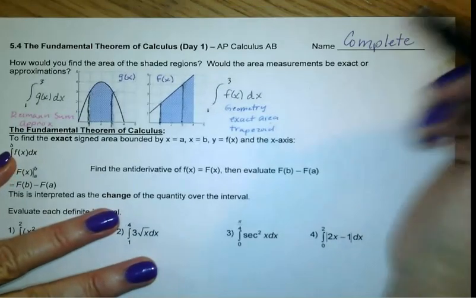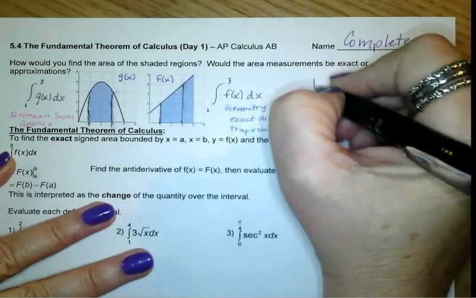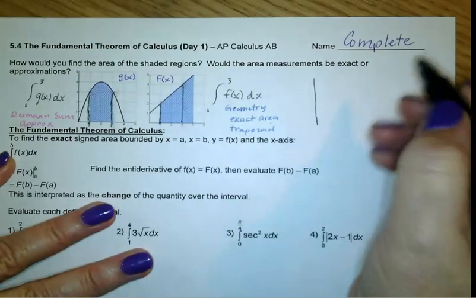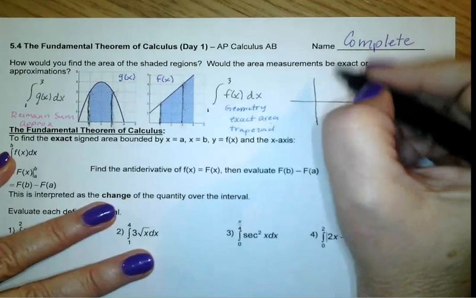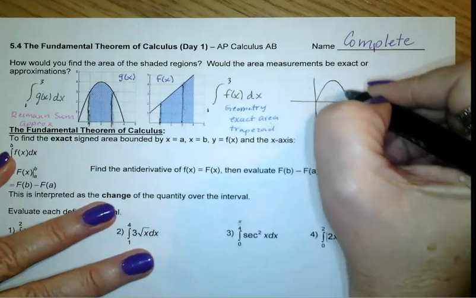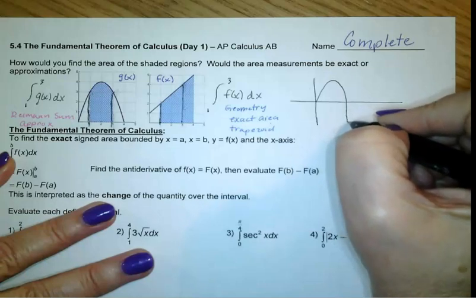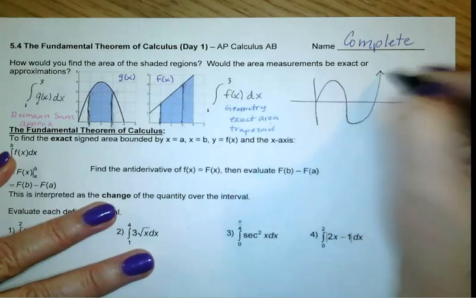So the fundamental theorem, why is it such a cool thing? Let me give you a picture over here. We've got a graph that goes up, comes back down, and then goes up again and keeps going.